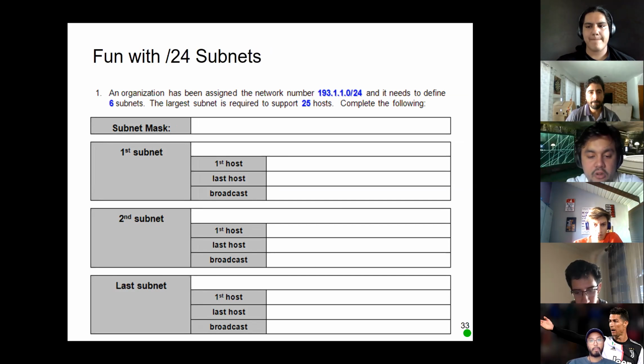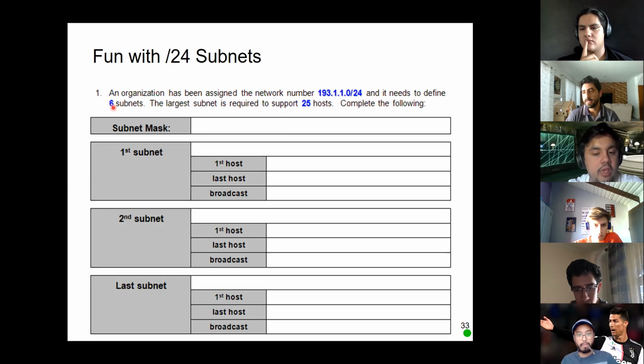So the idea here is this is the IP address again that is assigned to you, let's say. And you want to divide it into 6 subnets. That's a requirement. So you say, okay, I want 6 subnets, so maybe I need 3 bits for that at least. So it means you're separating 3 bits from the left of the 8 bits that you have here.